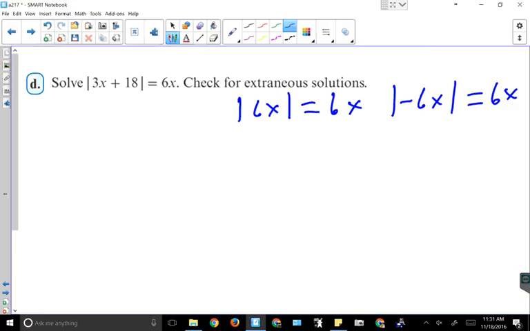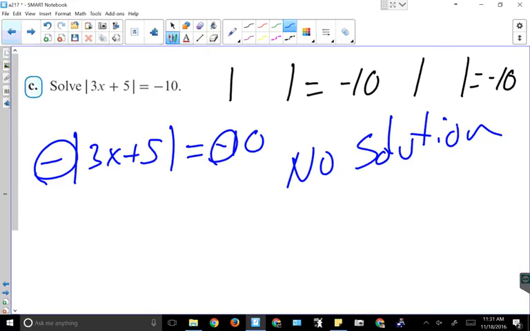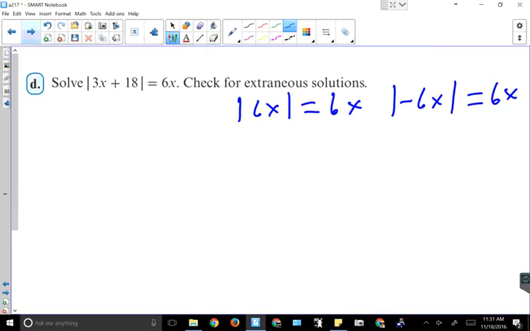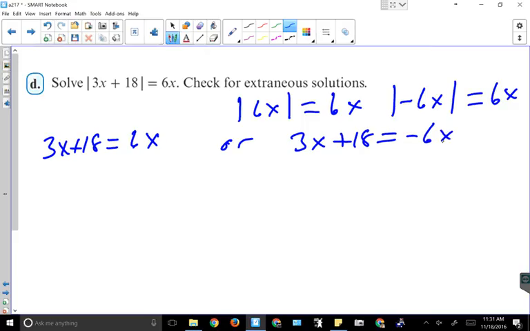I can't do the absolute value of something and make it negative. I can make the absolute value always be positive, and since this thing looks positive, I can do this.